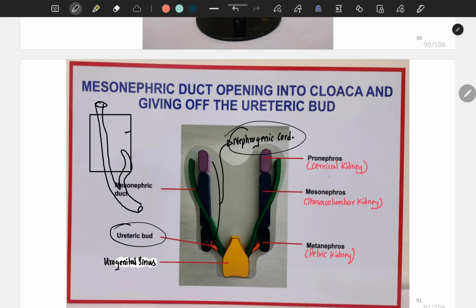This is the metanephros. This is the mesonephric duct. This is the uteric bud. After going inside the metanephros, a differentiation of the cells takes place. This is called what? Metanephric blastema.